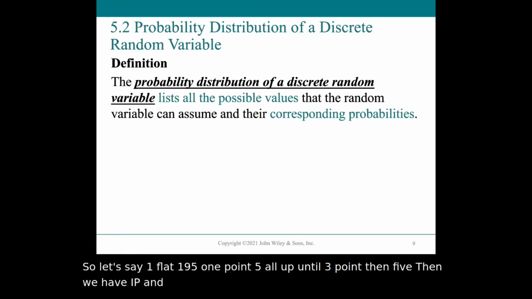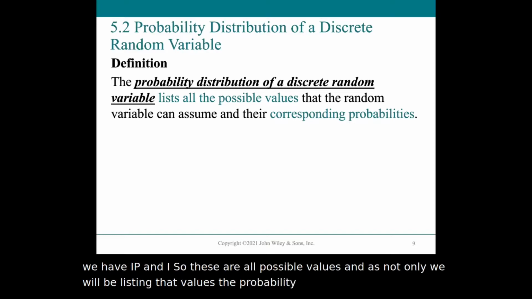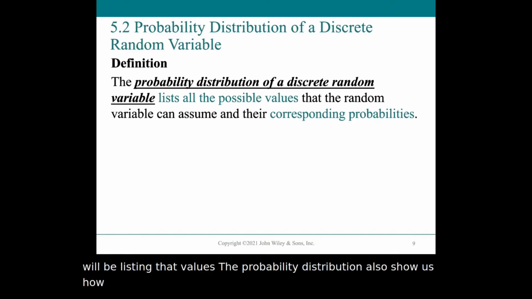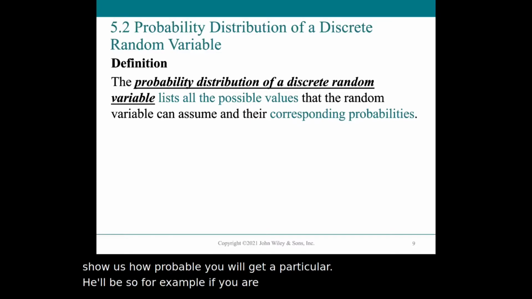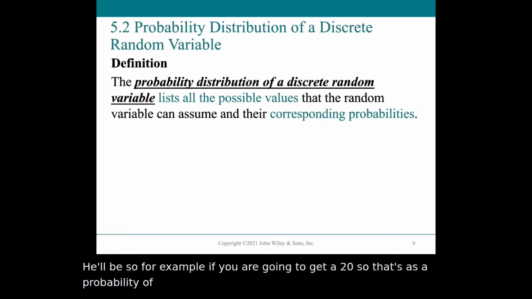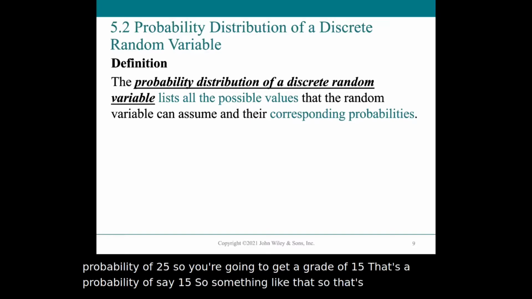So these are all possible values. And not only will we list those values, the probability distribution also shows us how probable it is that you will get a particular grade. So, for example, if you get 2.0, that's say a probability of 25%. A grade of 1.5 has a probability of say 15%. Something like that. So that's your probability distribution.